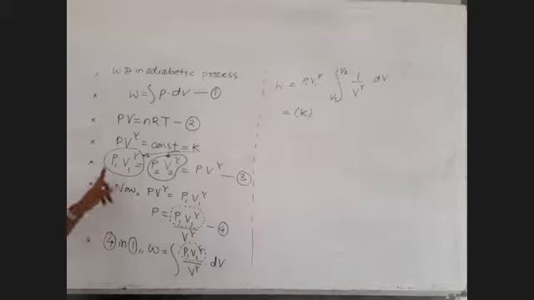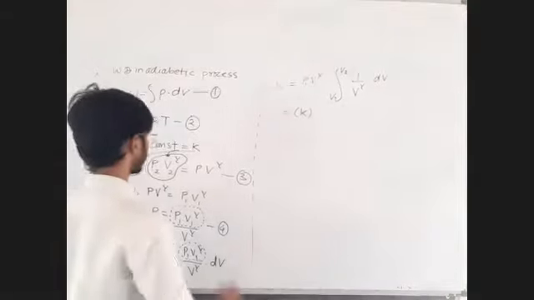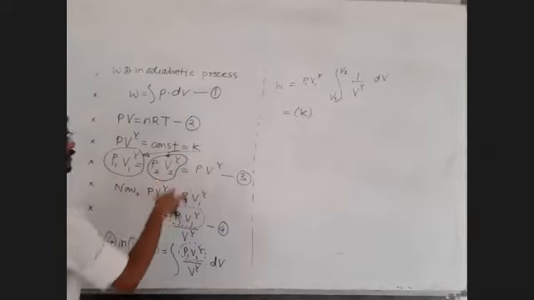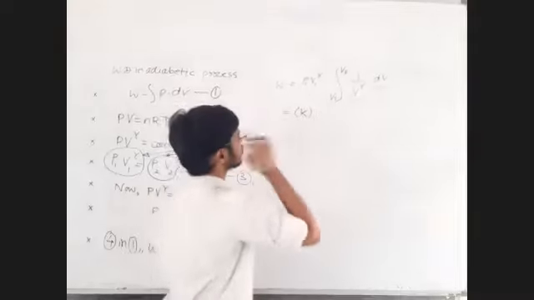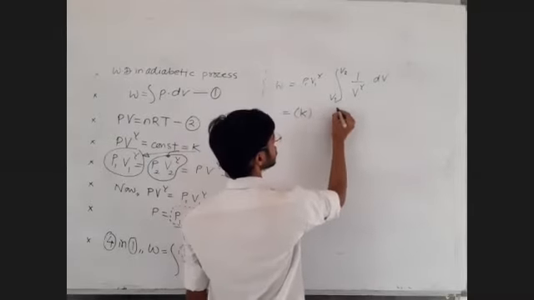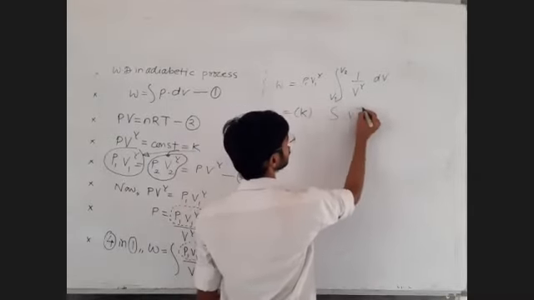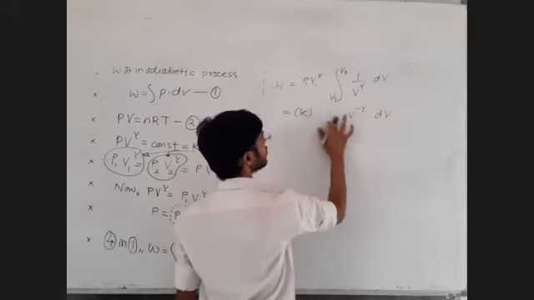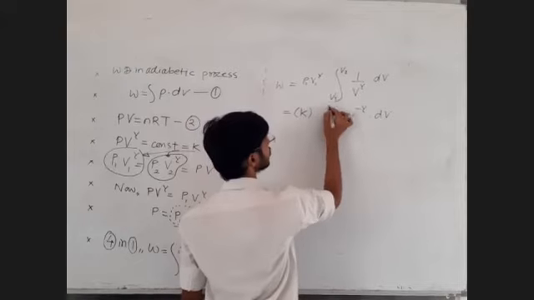It can be replaced by P1 V1 raised to gamma or P2 V2 raised to gamma, according to the requirement of the final formula. So sir, this becomes integration of V raised to minus gamma into dV. Limits of volume are V1 and V2.